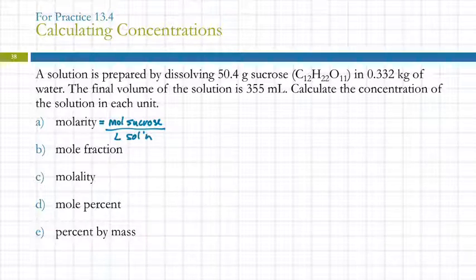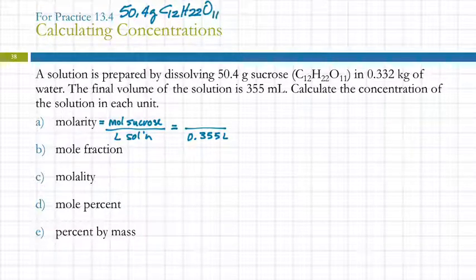Well, do we have either of those? Not quite. We've got the solution in milliliters, right? So we could convert that to liters. So that's going to be 0.355 liters. But we're given a mass for the sucrose. 50.4 grams of sucrose, which is C12H22O11.